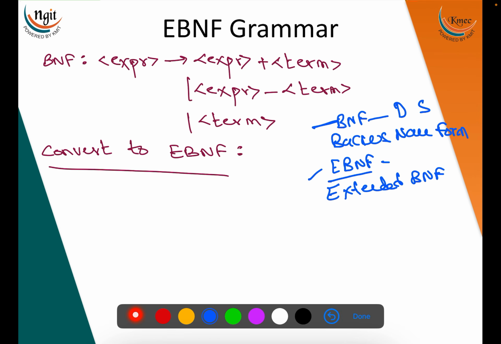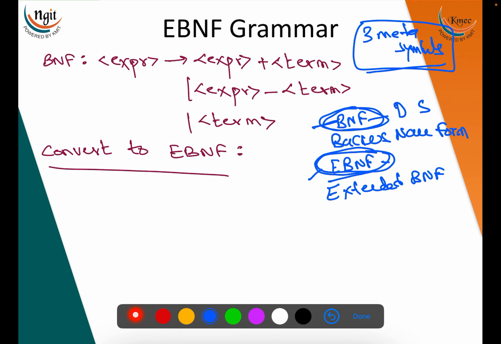To improve readability and writability for a BNF grammar, we have extended BNF with some features, which is called Extended Backus Naur Form. A grammar is said to be EBNF when it involves 3 meta symbols.